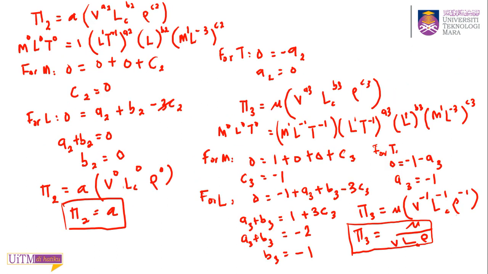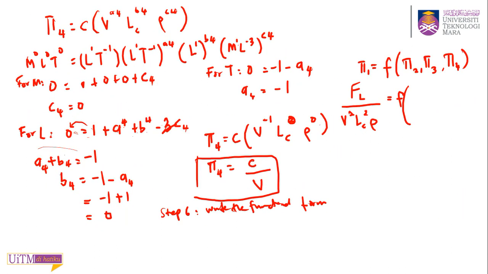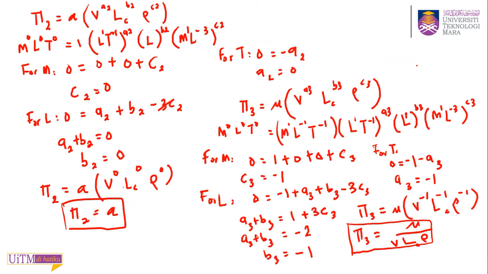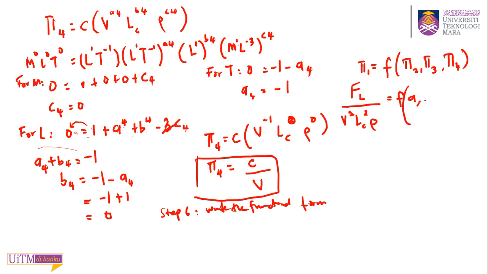We have pi 2 equal to alpha, and pi 3 is mu over V L C rho, and pi 4 is C over V. So this is your final answer when you write your functional form for this force lift.